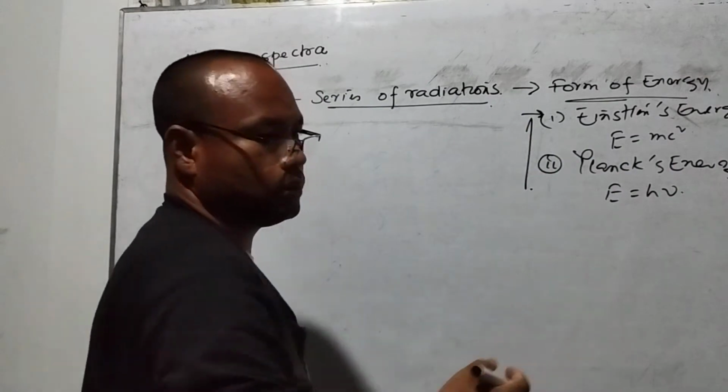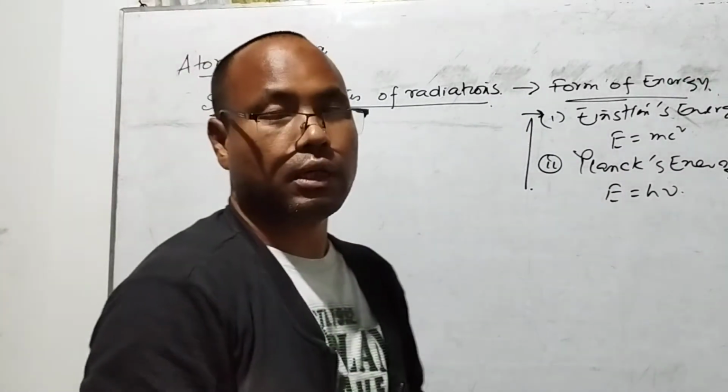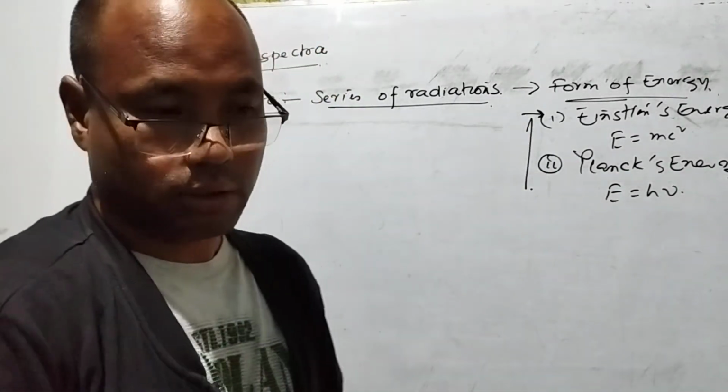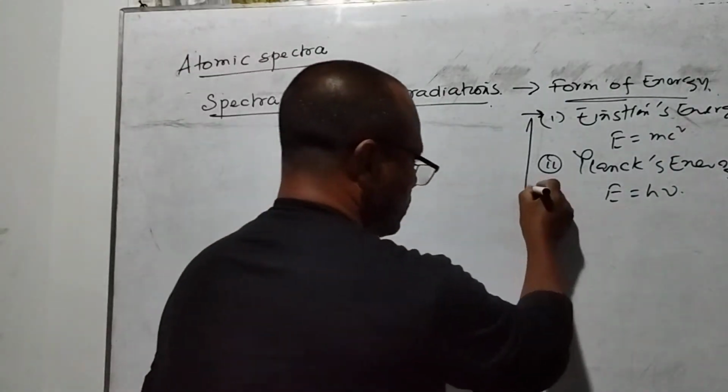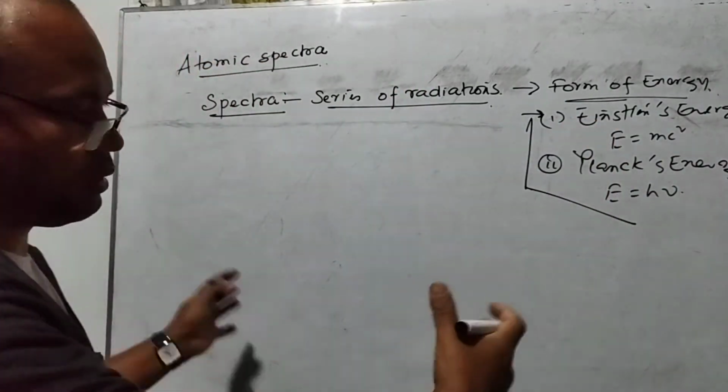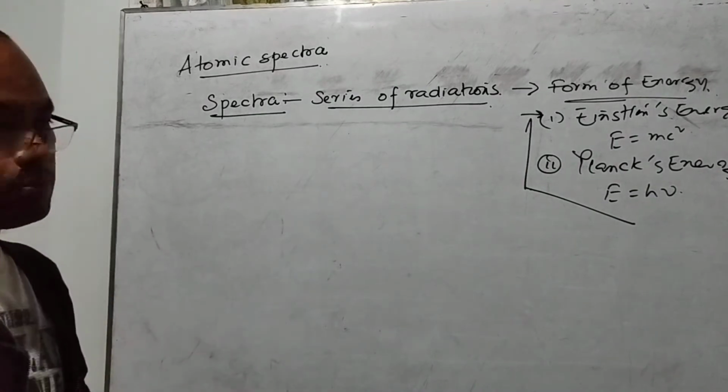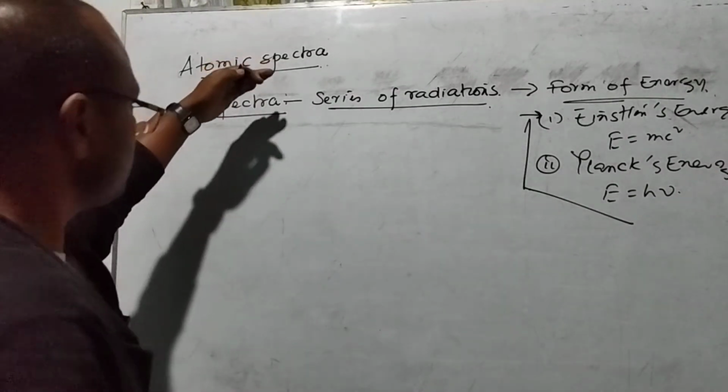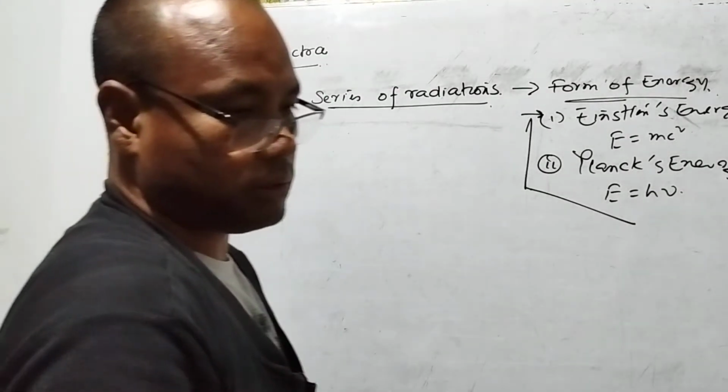These two different forms of energy we learned at the time of electromagnetic radiation. That idea we can also coordinate with our atomic spectra. Here let us start to learn about the atomic spectra.